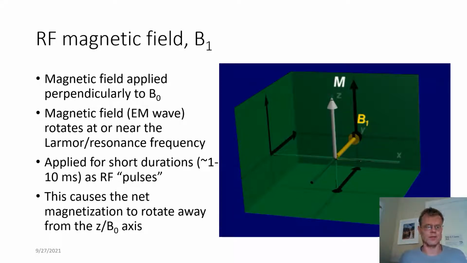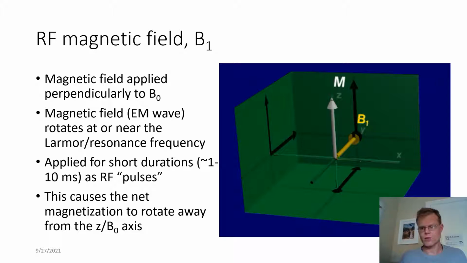is what we're going to do for representing our radio frequency excitation. And remember, we apply these as short durations, 1 to 10 milliseconds, which is the reason we're going to call them RF pulses. So we turn them on for some short period of time to cause this flip angle effect. Then we're going to turn them off. And then we receive our signal, and then we end up repeating.